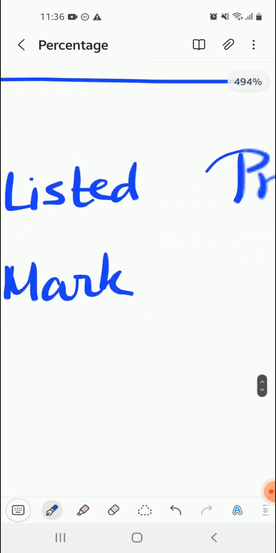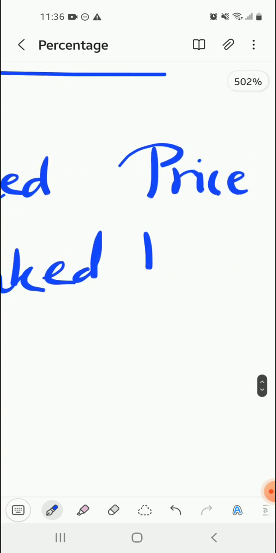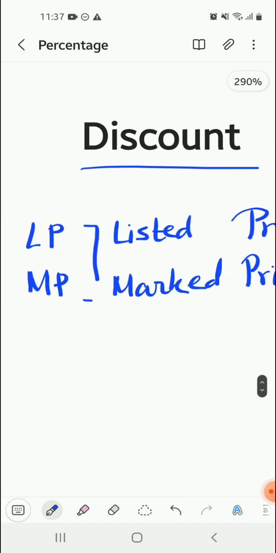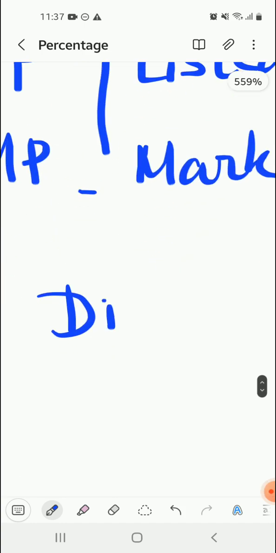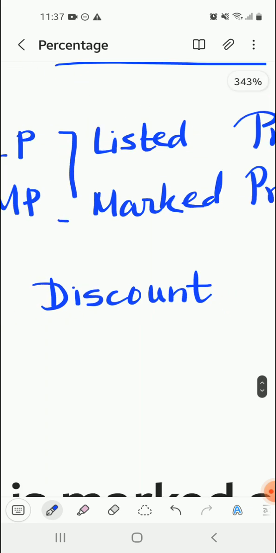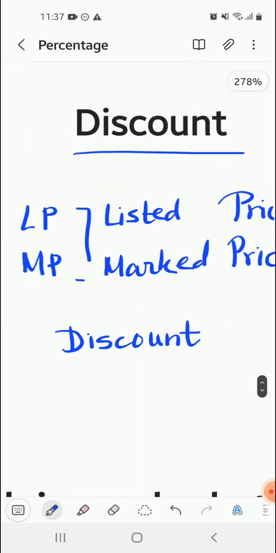Both mean more or less the same thing, that is the price that is tagged or marked on a particular commodity. Now, discount is basically a percentage of amount which is deducted from the LP or MP and which reduces the value of the good at which it is offered to the customer.